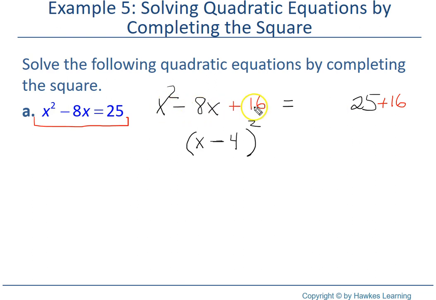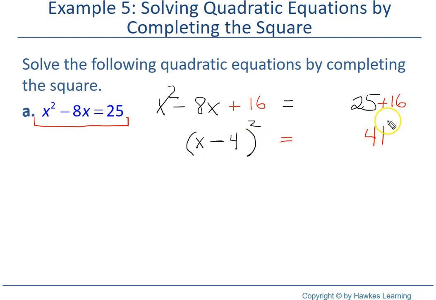But when I factored this perfect square trinomial into this binomial that's a perfect square, I get this. So this is going to be, let's see, how about 41 here? 6 and 5 is 11, yeah, 41.